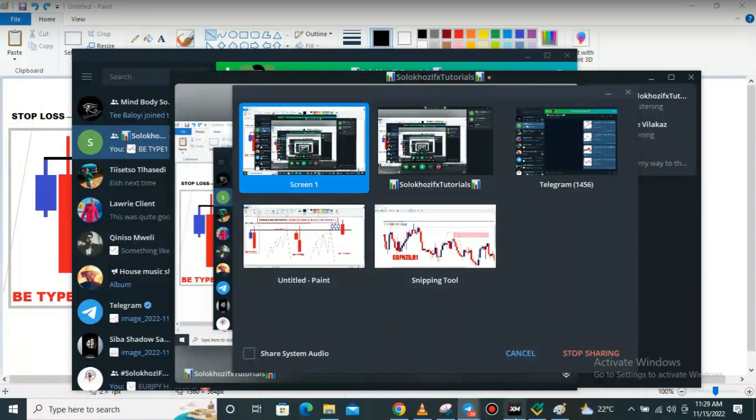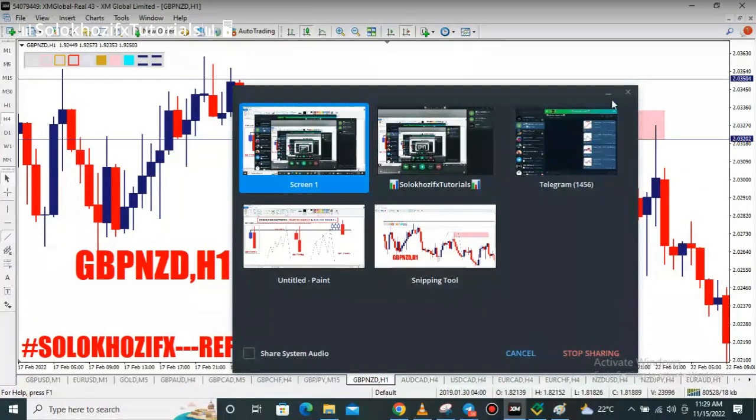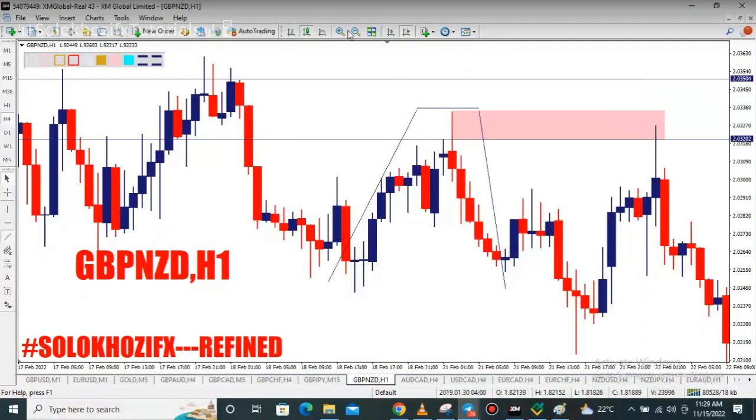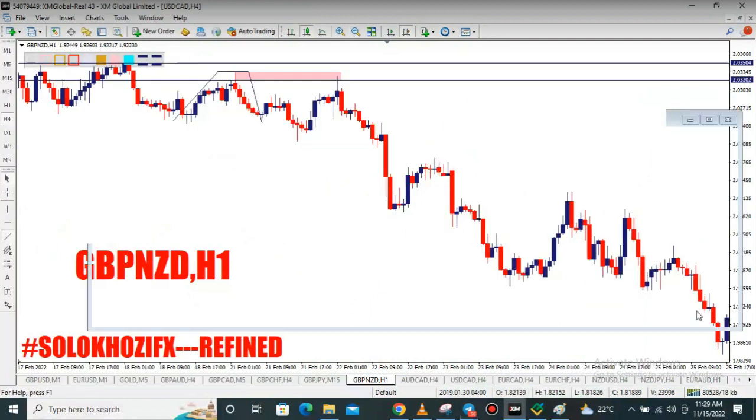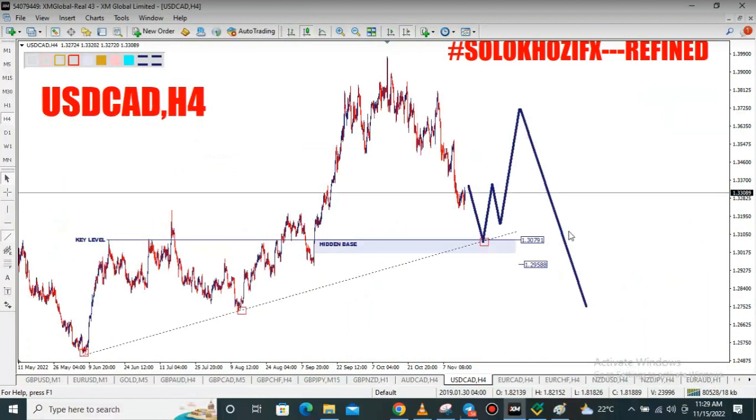Okay, let's continue to the charts. Let's check another pair. Let's see how USD CAD looks.